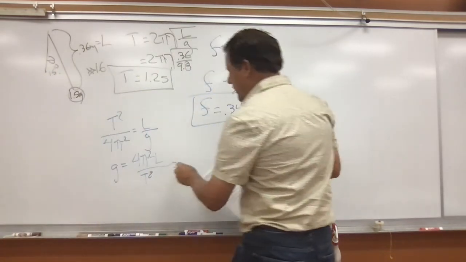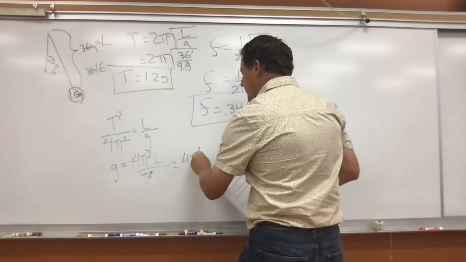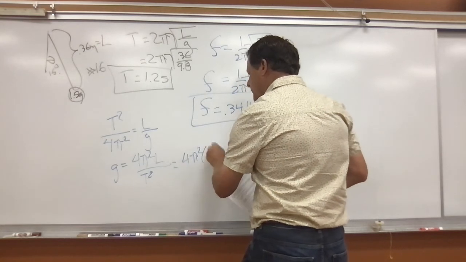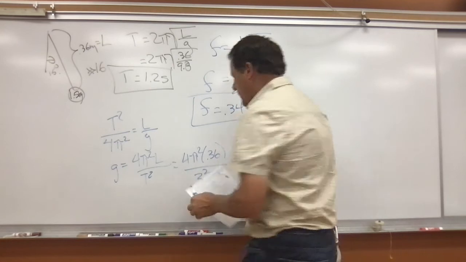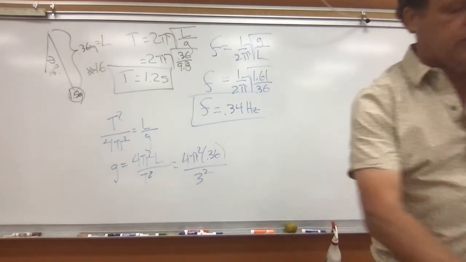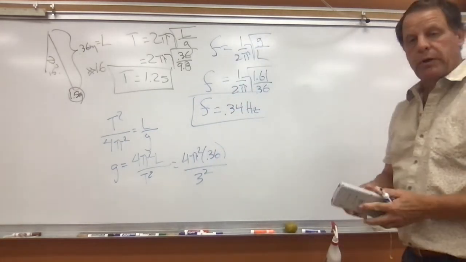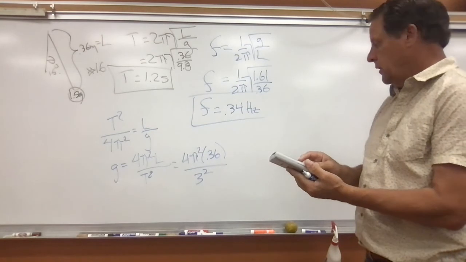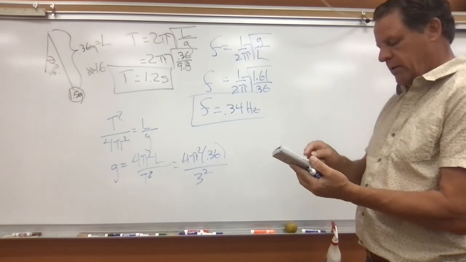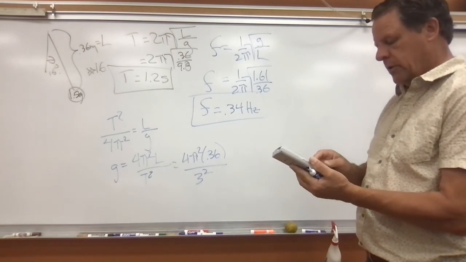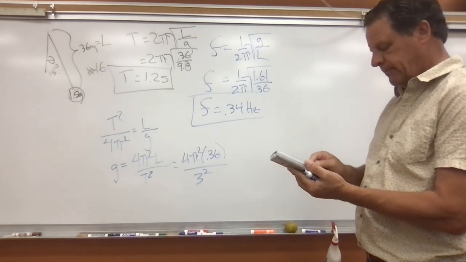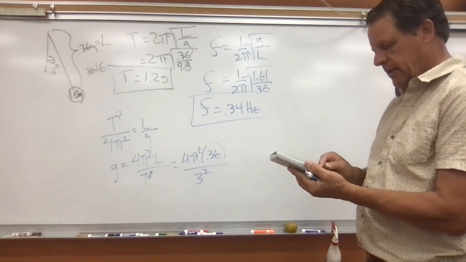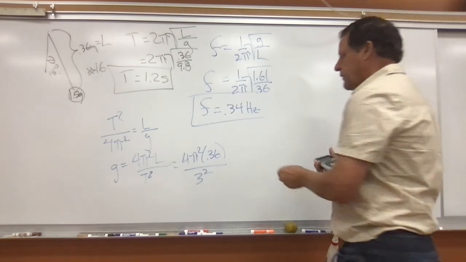So now we can plug in our numbers. 4 pi squared times 0.36 divided by 3 squared, right? Because that was the new period that it was asked for. So 4 times pi squared times 0.36 divided by 9, and that's going to be 1.57.